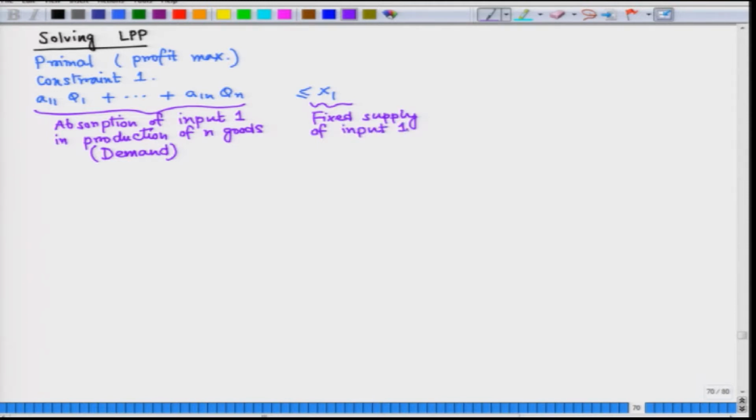Now, as there is an inequality of less than type, there could be two possibilities that could arise. What are these possibilities?